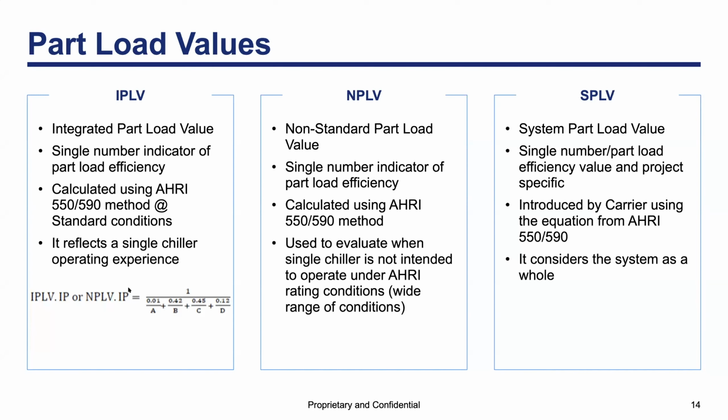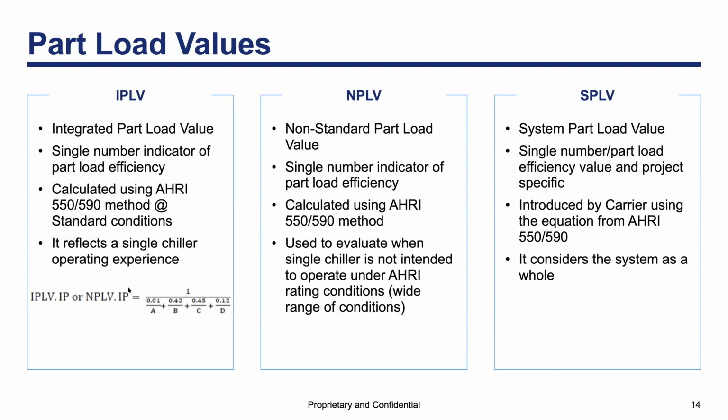ARI established two main figures for part load efficiency ratings, which is a single number about the standalone chiller performance. This number is a weighted average based on specific calculation criteria. These two efficiency ratings are the IPLV and the NPLV. The IPLV stands for Integrated Part Load Value, and the NPLV stands for Non-standard Part Load Value.